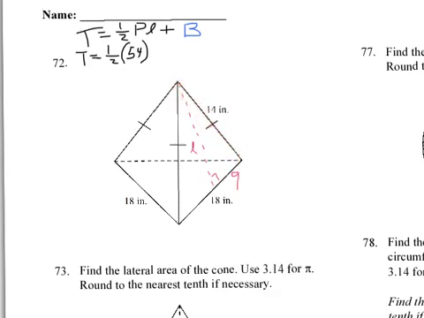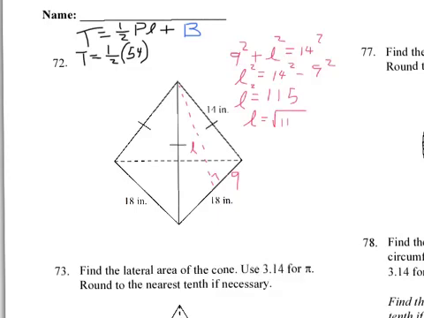So that means 9 squared plus our slant height squared equals 14 squared, which means that our slant height squared equals 14 squared minus 9 squared. 14 squared is 196. So 196 minus 9 squared, which is 81, is 115. And therefore L is the square root of 115. So now we're ready to plug that in. Okay, and I'll put that in red just so we can see where that number came from. And then we need to add the base area.